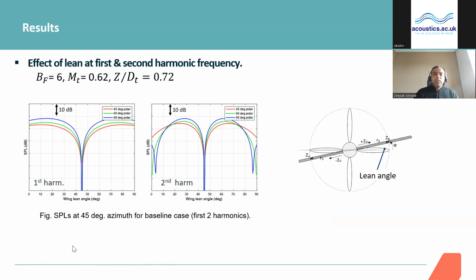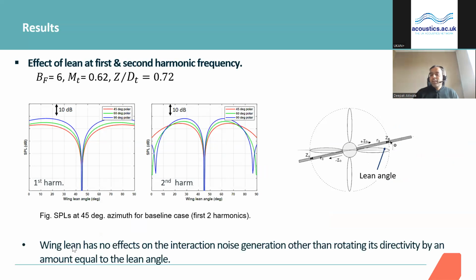Again, we looked at the effect of lean at zero sweep and zero offset. I have plotted the wake interaction noise for the first two harmonics at 45 degrees of azimuthal angle for a baseline configuration with a blade number of 6 and a tip speed of 0.62.